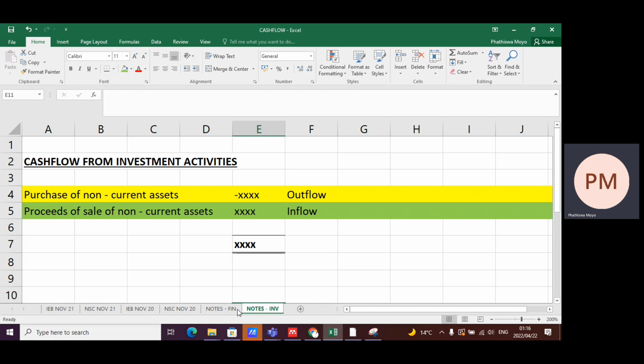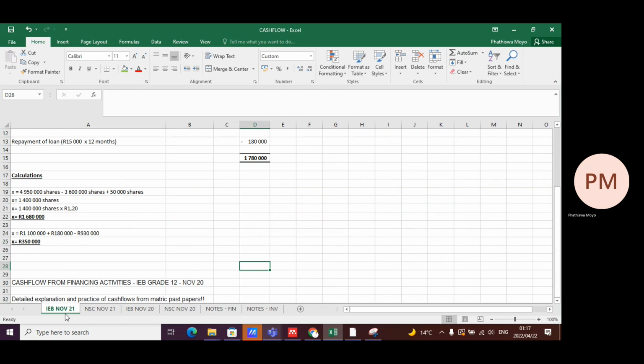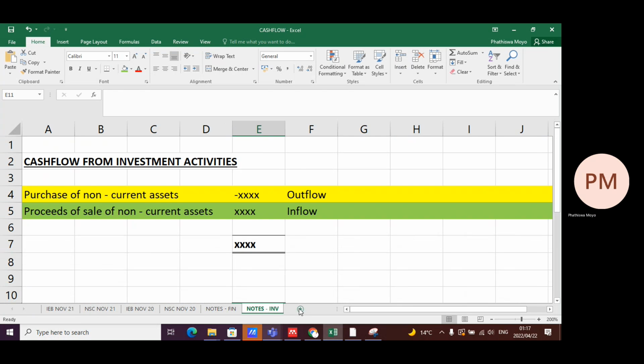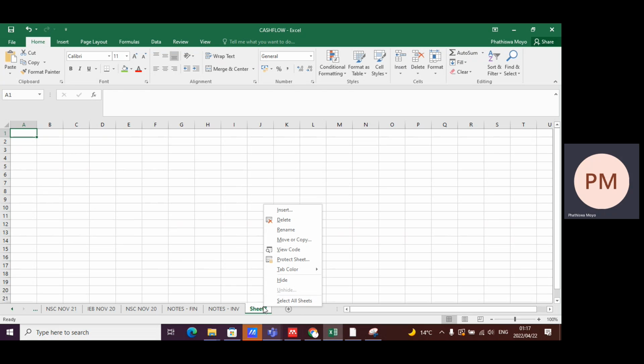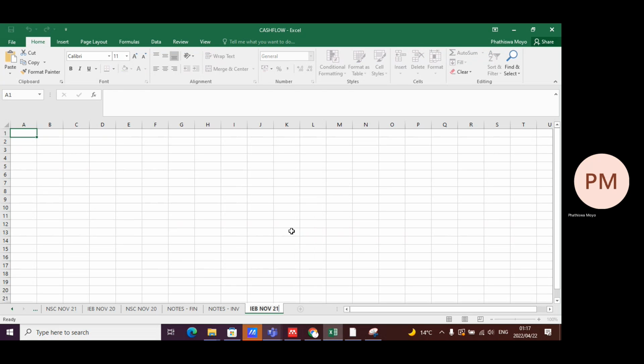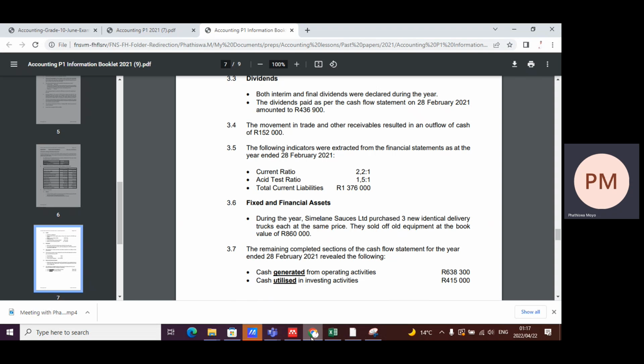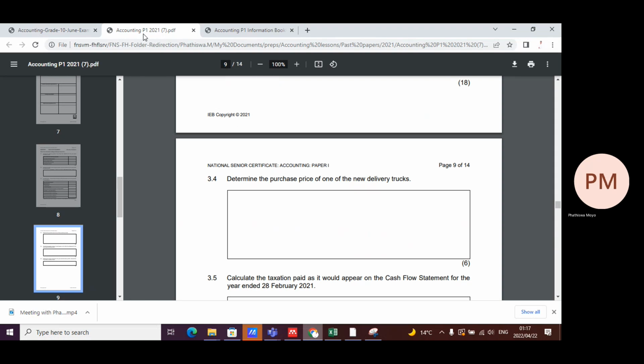So guys, let's do this. Here, they want you to determine the purchase price for the new vehicle.